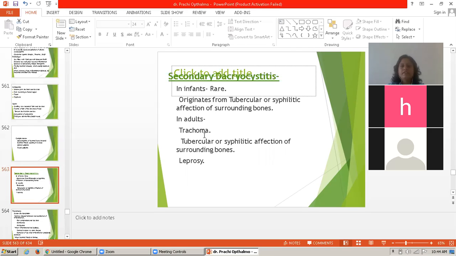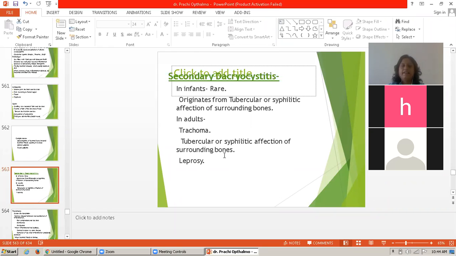In adults, it is seen with trachoma, with tubercular or syphilitic affection of the surrounding bone, and leprosy. So when it is seen in an infant, rarely it originates from tubercular or syphilitic affection of the surrounding bone, and in adults it is seen with trachoma, with tubercular or syphilitic affection of the surrounding bone, and leprosy.